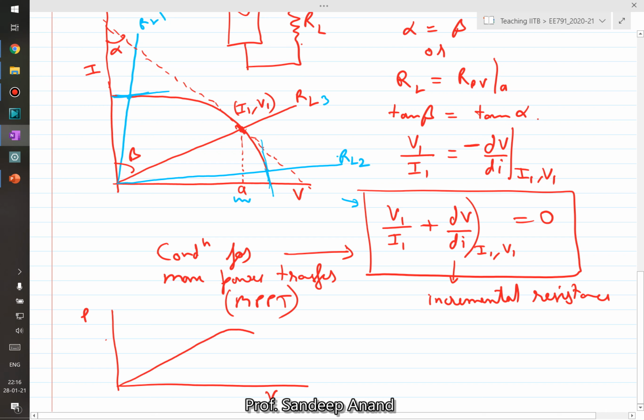This is how it looks. If I am able to figure out this point A, in this small vicinity, if I go in either direction, the power reduces. That means I am at the maximum power. But we are talking only about a local maxima.